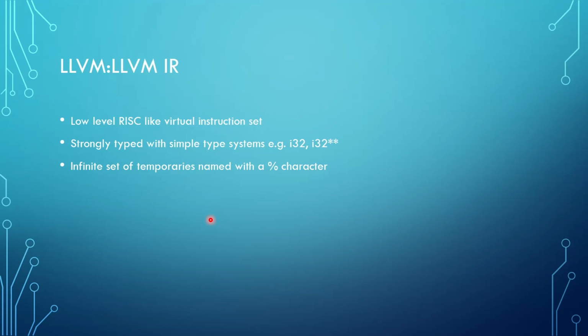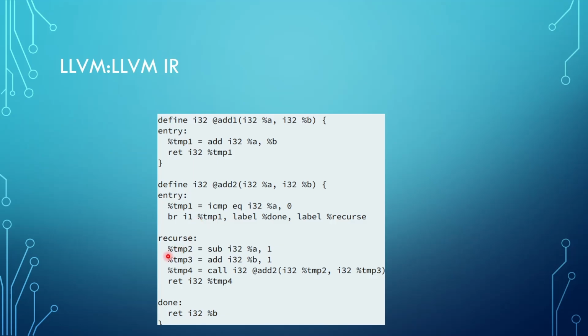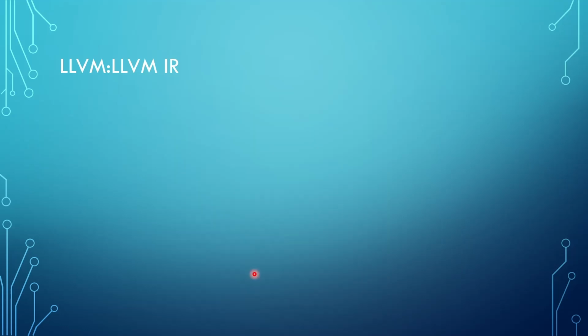So IR also uses an infinite set of temporaries to store intermediate results as shown here, temp2, temp3, temp4, and temp1 here. And these temporaries are used to pass their intermediate results to subsequent instructions.